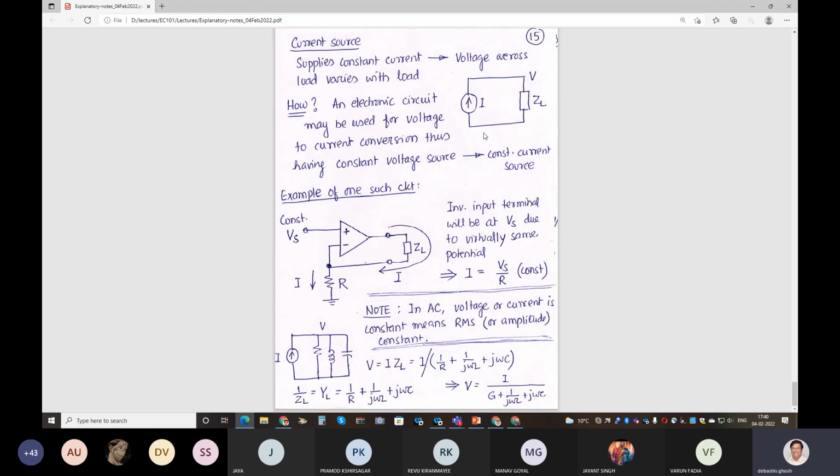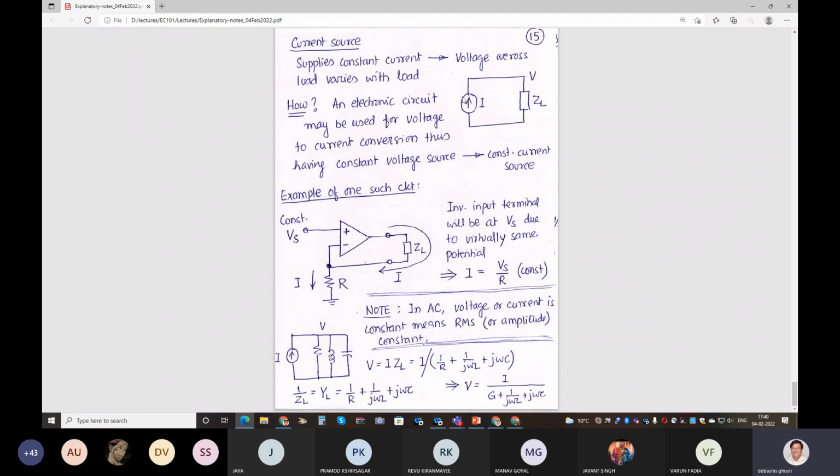Whereas in a current source, the same source resistance we model by putting it in parallel to it. That gives you a leakage path, so some current will leak through that source resistance.